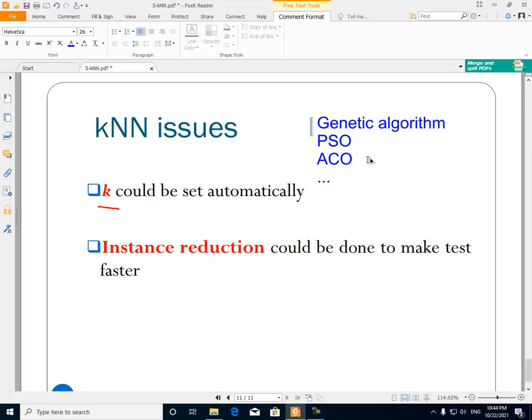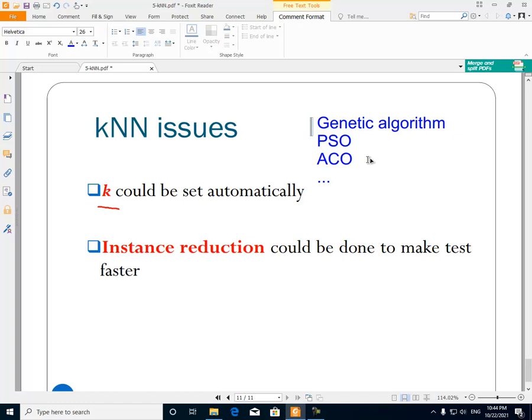One other issue about KNN is instance reduction. We could do instance reduction to have a faster test phase. As I said, the test phase in KNN is time consuming because we have to find the distance with all of the training data, and then sort them and then find the nearest ones.